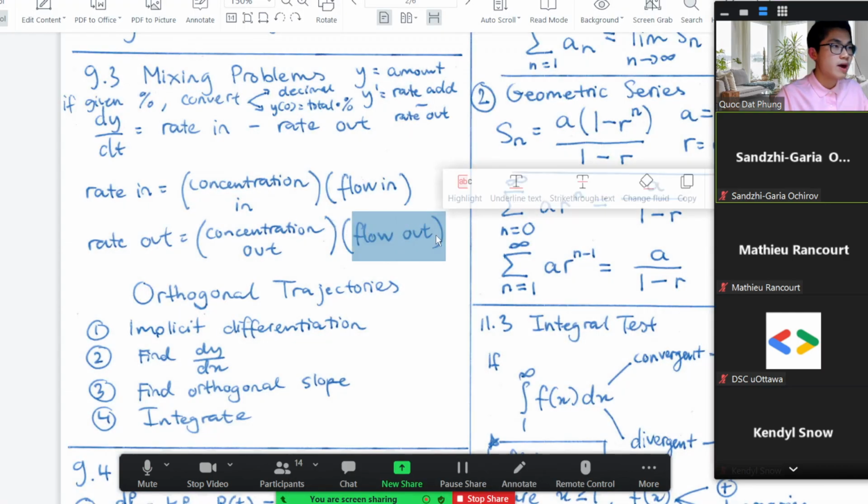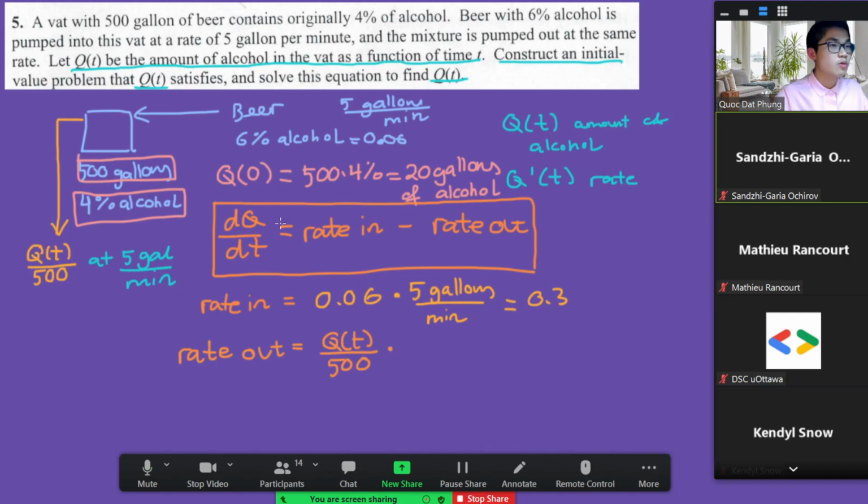The flow out is also 5 gallons per minute. And you can see that I'm not writing the t here. You can write it if you want, but I find that on the exam, if you want to save time, you can just write Q, and you know that it's Q(t), but in your mind you just write Q, so you can save time.